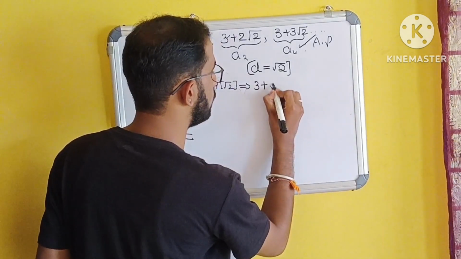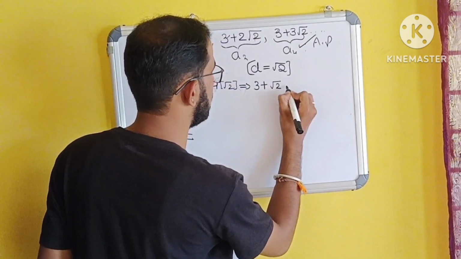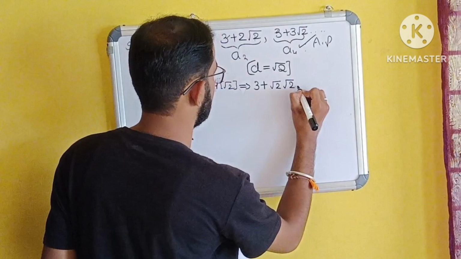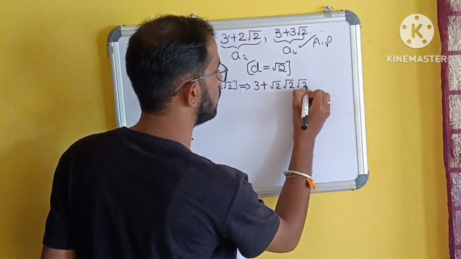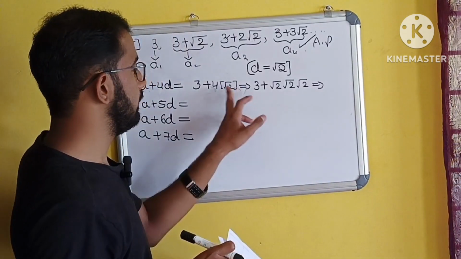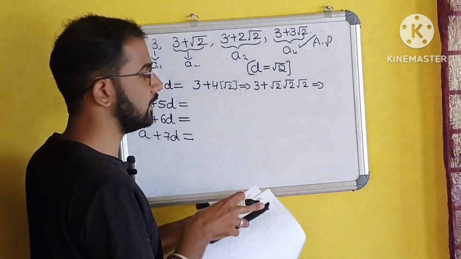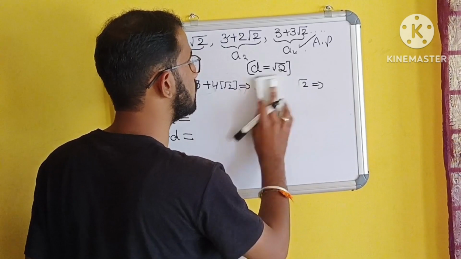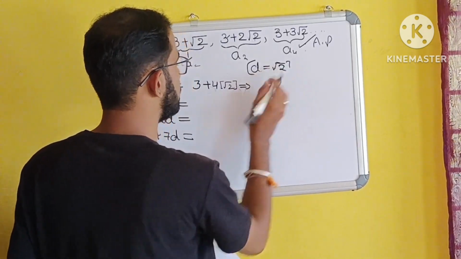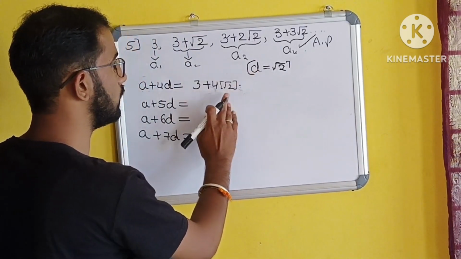See here, root 2 into root 2. If you consider this, if you leave it as it is, that is no problem. So the first term is 4 root 2.